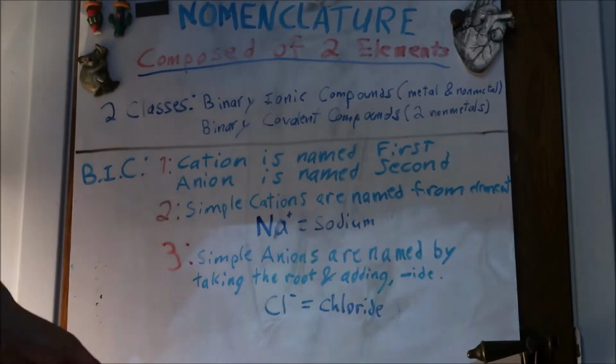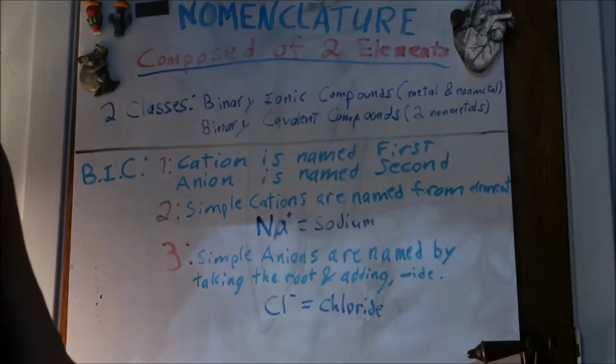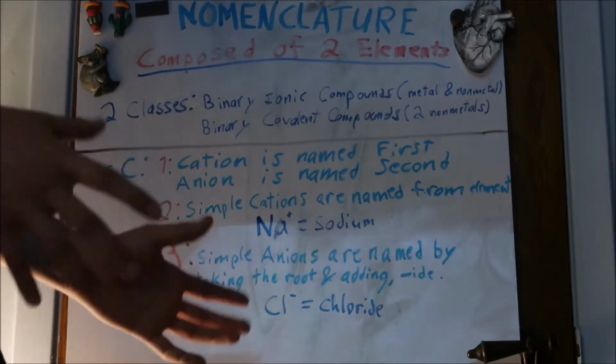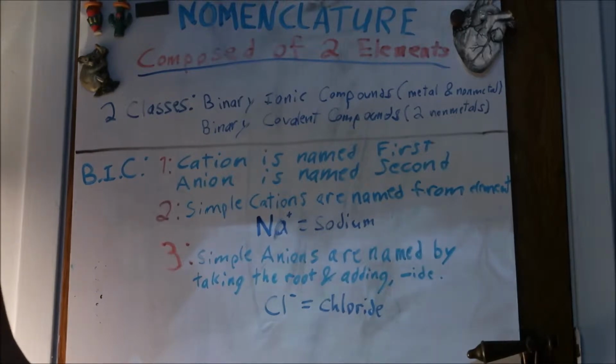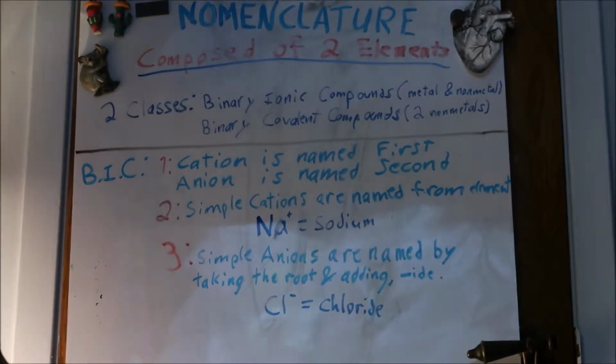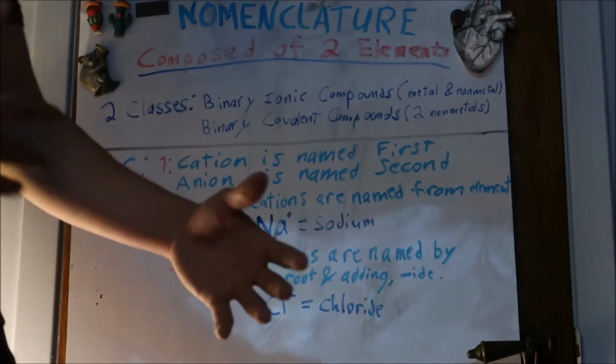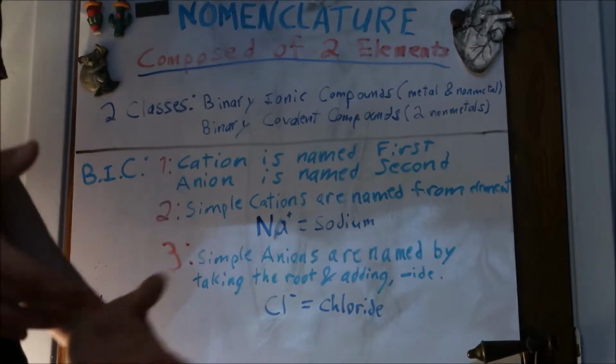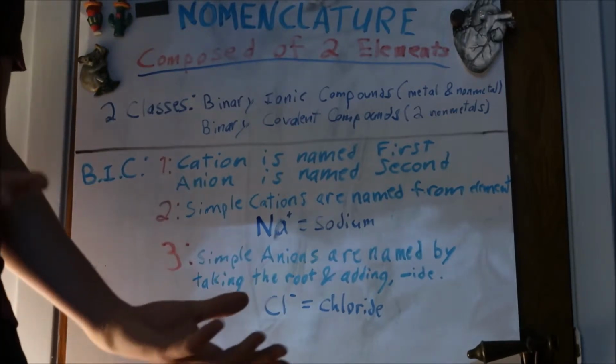The second rule is that simple cations are named from their element. So this involves memorization. Na plus, for example, is sodium. K plus is potassium. You need to sort of memorize the element names.